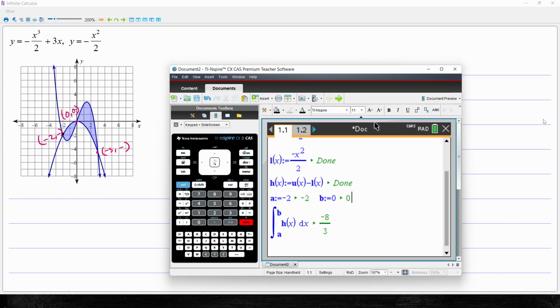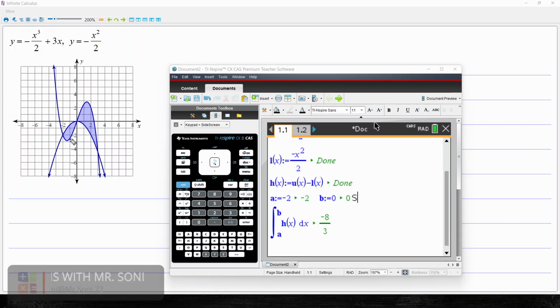Since the areas cannot be negative, we have to make them positive. It came out -8/3 because of the y value, the strip, you can see that strip there. And also probably it's because that cubic function was a lower function. We have defined that as an upper function. I think that's the main reason.